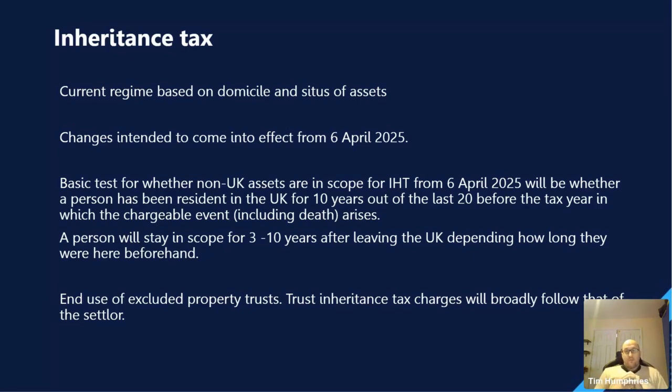In this particular case, there's also going to be an additional exit charge. So if somebody has an offshore trust, passes the 10 years, brings the trust into the inheritance tax regime, and then subsequently leaves the UK such that the individual who set it up comes outside the inheritance tax regime, then the trust will have an exit charge at that point for having left the inheritance tax regime as well. So effectively, the trust mirrors the person who set up the offshore trust.